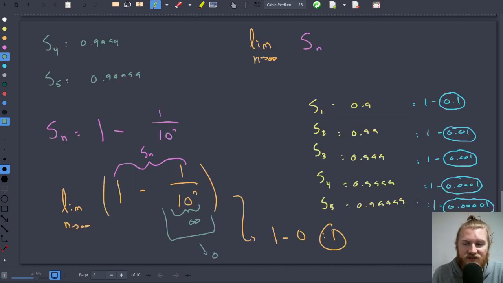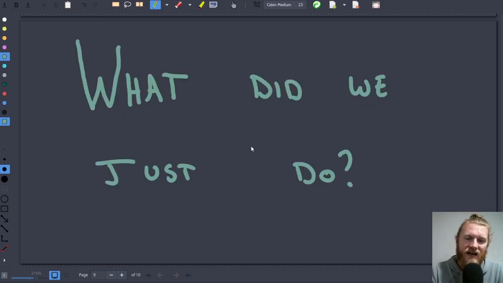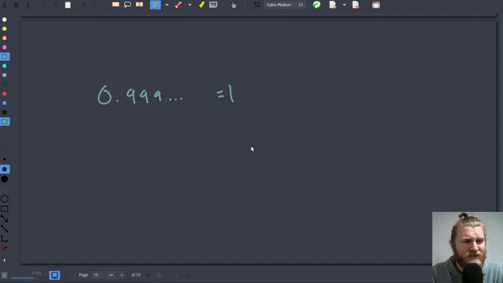We've got these partial sums that say just take a tiny bit away from 1. Keep taking a smaller amount away from 1. And as we do that forever, eventually we're really not taking anything away from 1. And so it's 1. This here represents a limiting type of operation, we'll say. And so 0.9999999 is 1.